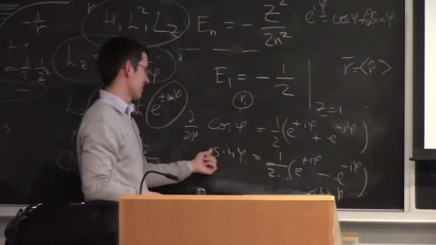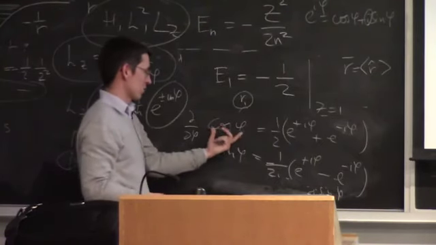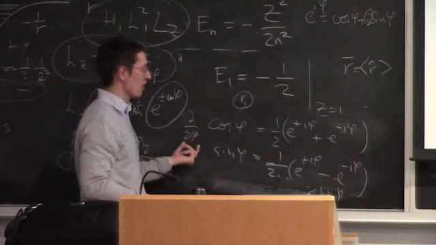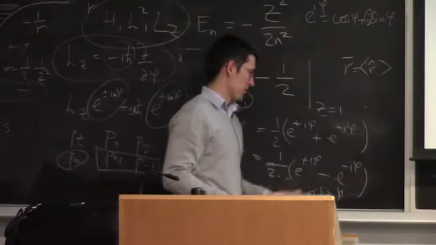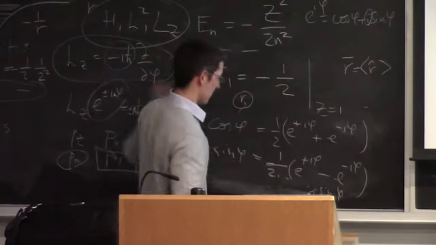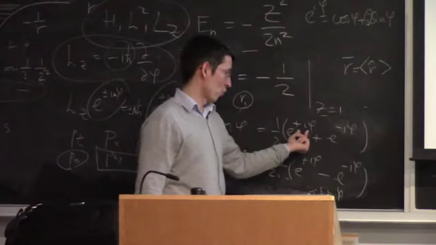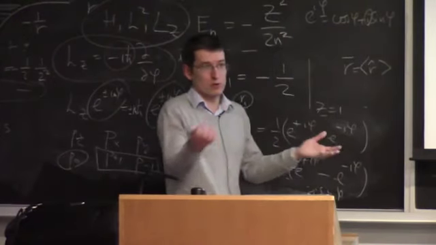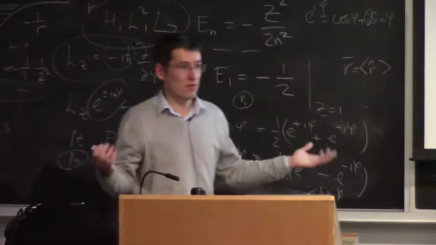With the minus sign you get minus sine phi. So cosine is not an eigenfunction of Lz. Why is that? Well, because it's a sum of eigenfunctions of Lz, but with different m's. One is plus 1, another is minus 1.